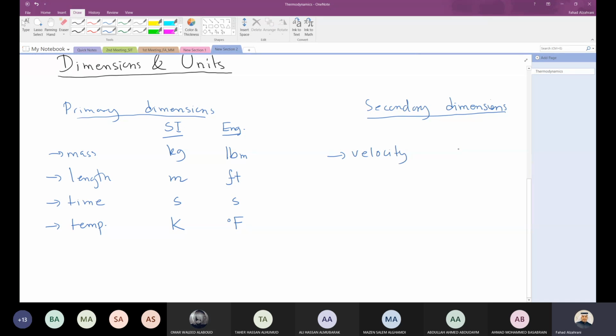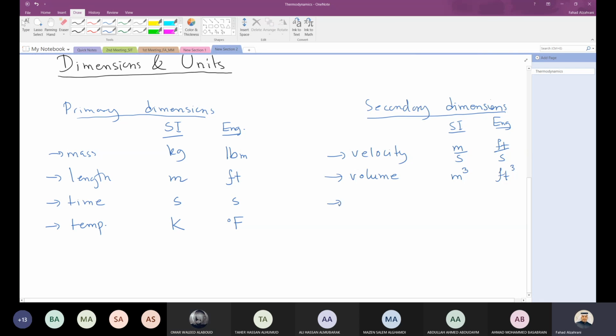So we have meter per second, or here feet per second in the English system. Another example: volume is made up of the meter, so this is meter cubed, or feet cubed.